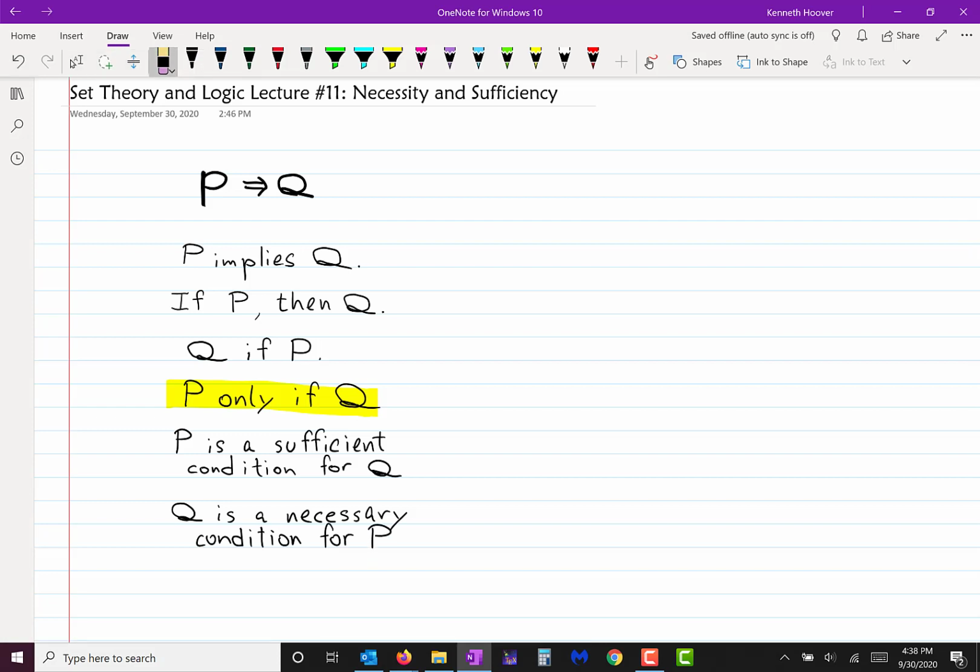So there you have 1, 2, 3, 4, 5, 6 different ways to read that line. Okay?